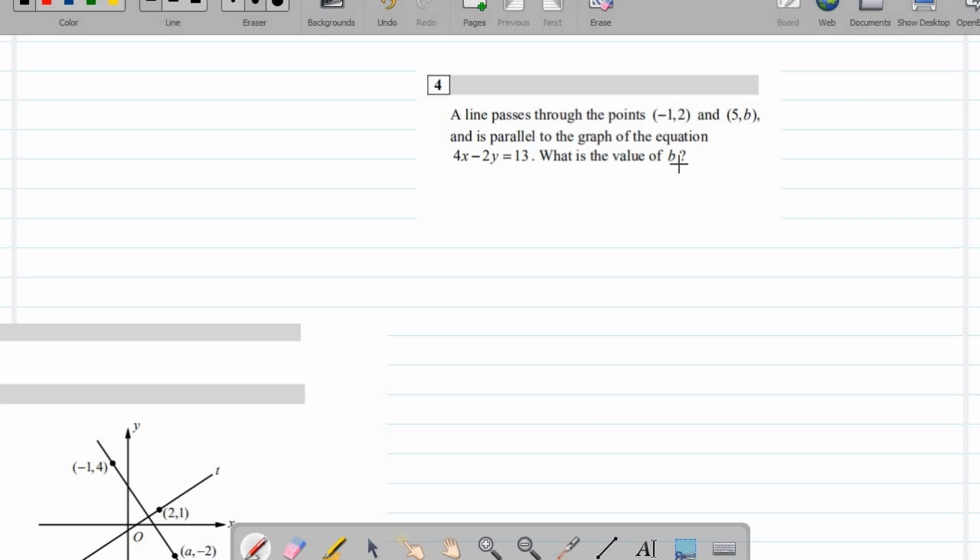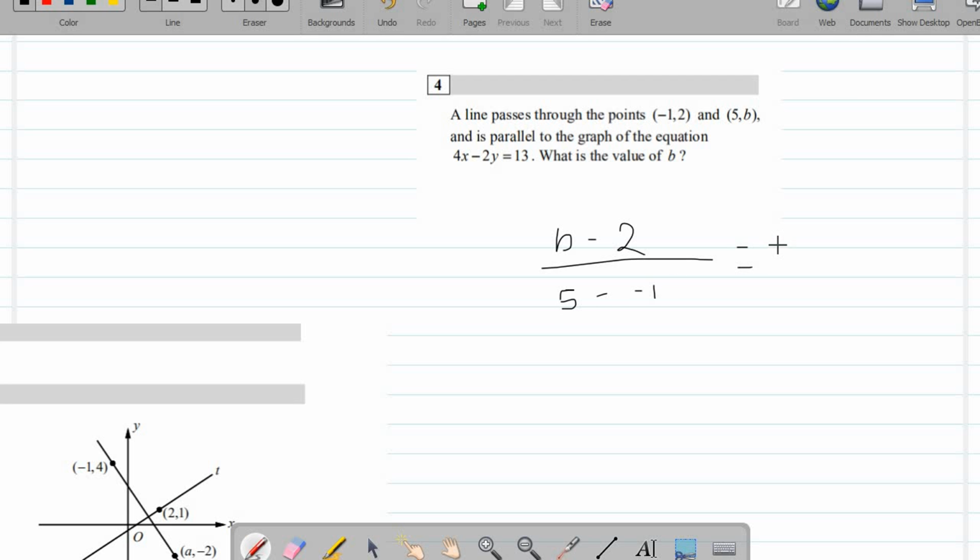The first thing we do is to get the slope. Let's call this y2, y1, x2, x1. So we have b minus 2 over b minus 5 minus 1... 5 minus 1 will give you 5 plus 1, and that's 6.